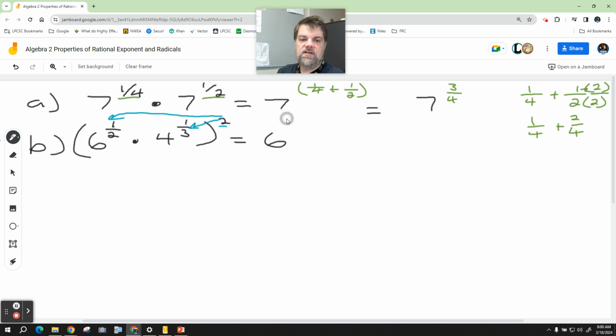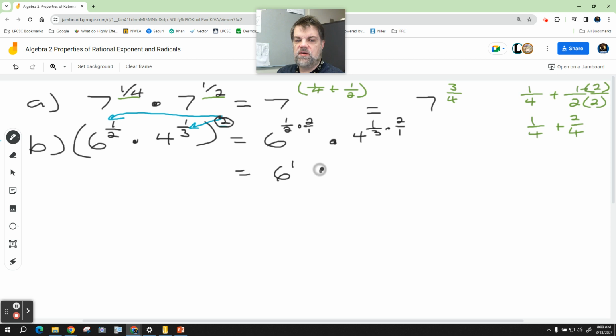So what we end up with in the next line is 6 raised to the 1/2 times 2, but I'm going to write it as 2/1, times 4 raised to the 1/3 times 2. We're multiplying it by this 2, but I'm going to write it as 2/1. On the next line, what is 1/2 of 2? It's just 6 to the 1st.